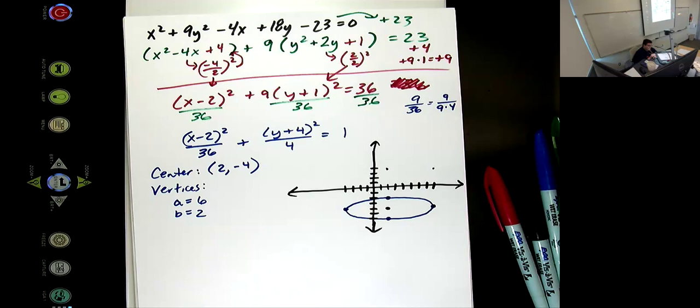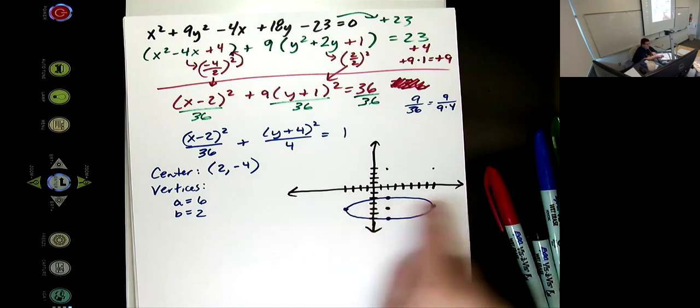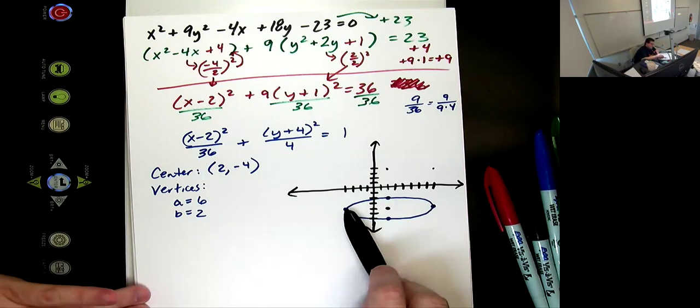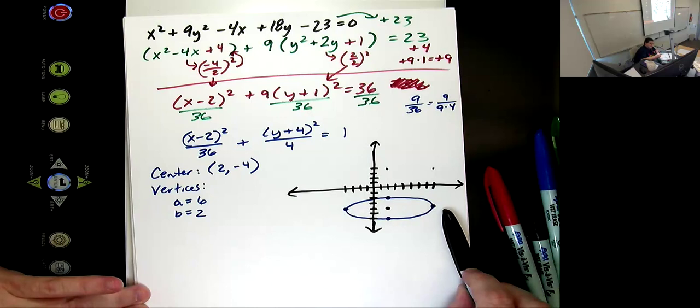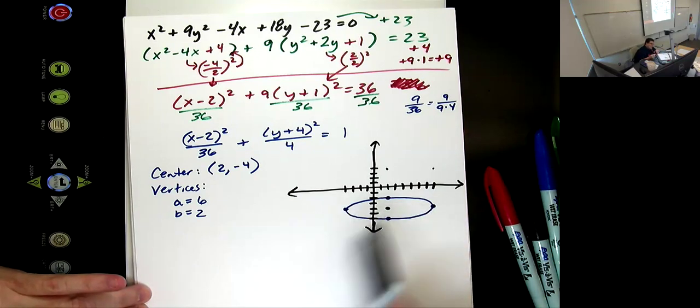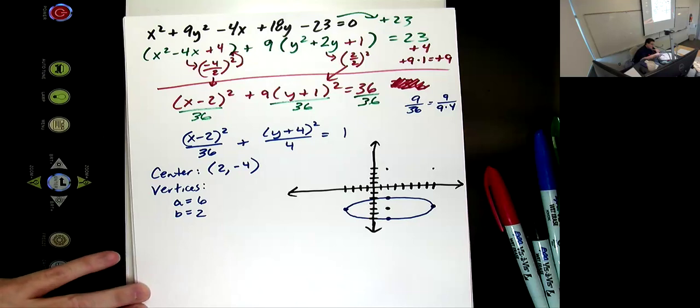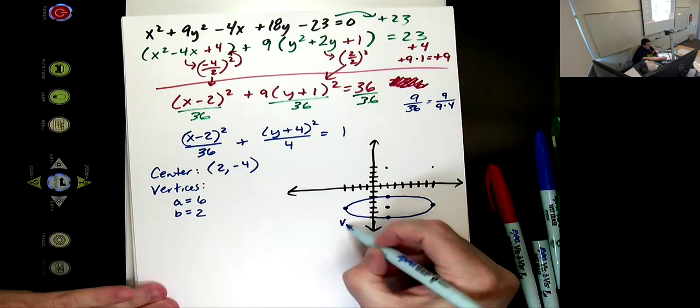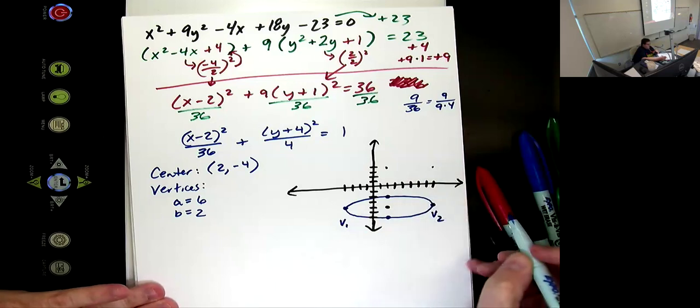From 6 all the way to the other. It's the one that's along here? Yes. So the vertices are always at the endpoints along the longest axis. The longest axis here is along X, so it's the endpoints, this is vertex 1 and vertex 2.